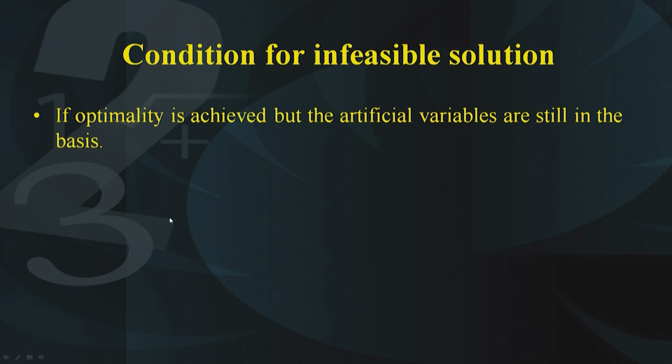Still in the basis means it is still non-zero. This is the condition which we were looking for, that is for the infeasible solution the artificial variable has a value which is greater than 0.